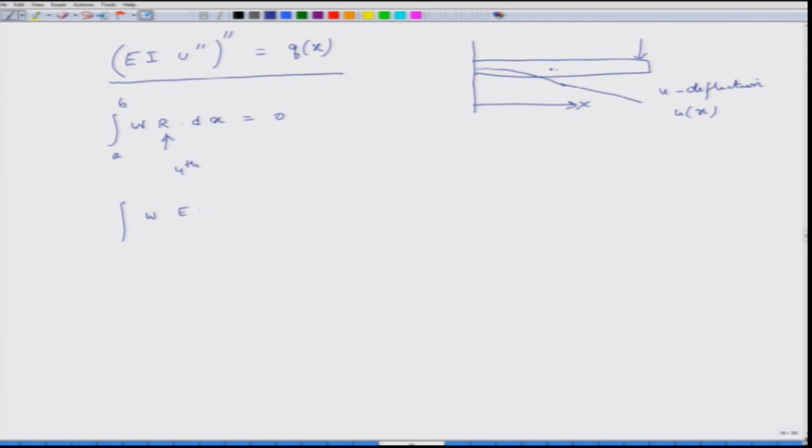R is EI times the summation Cj phi j, i equal to 1 to n, you differentiate it 2 times, minus q dx, right. This is my residue.